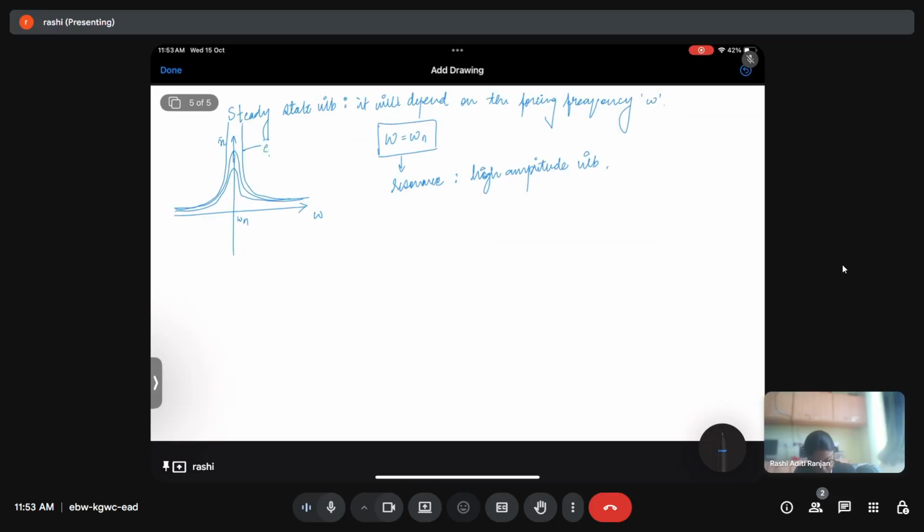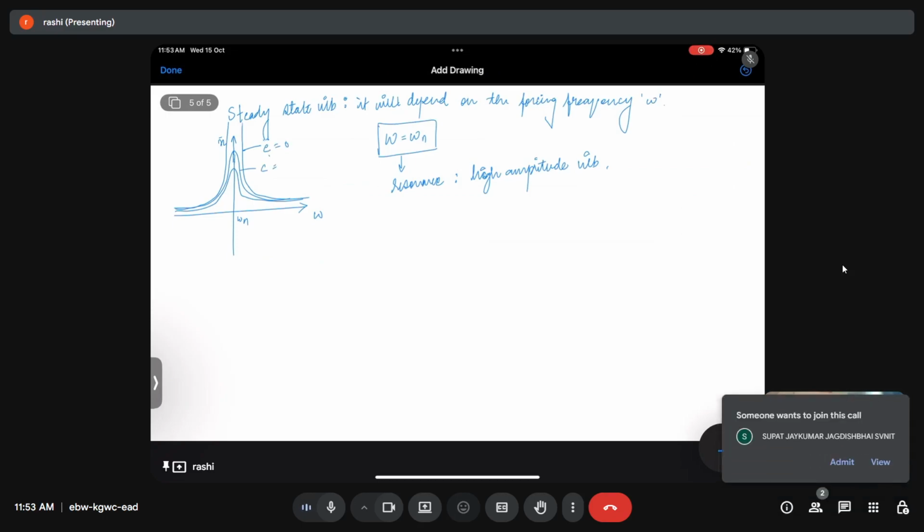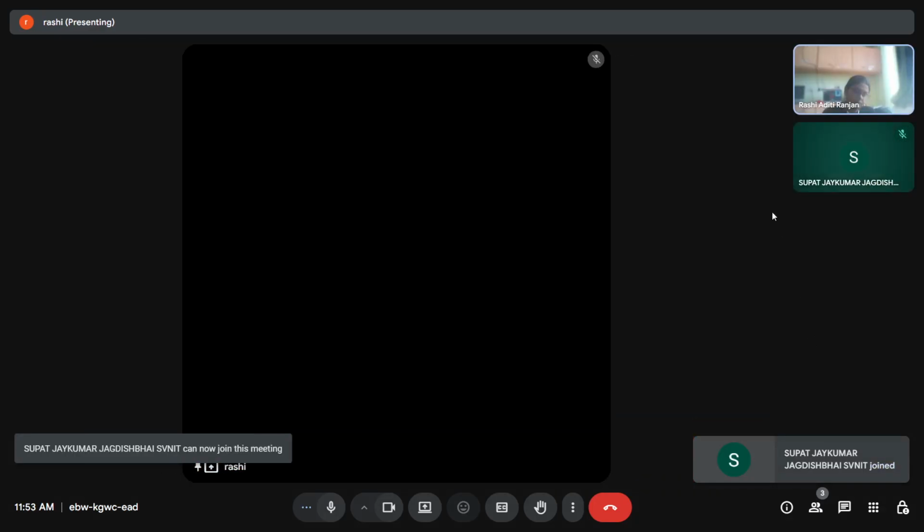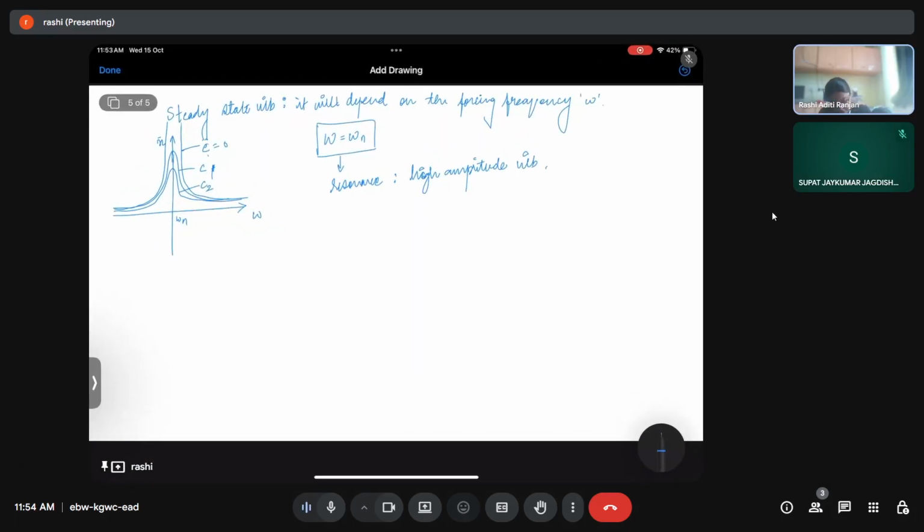I should write C is equal to 0. So C is equal to C1 and this is for C2. So these are the cases for C1, C2. Here, C2 is greater than C1. So this is how the amplitude is going to reduce.